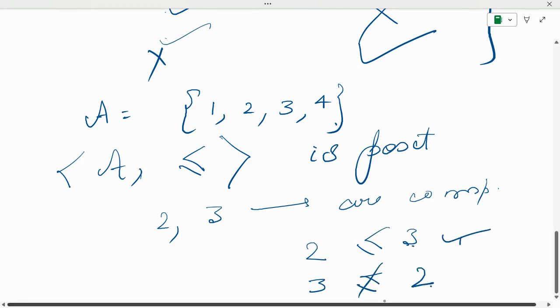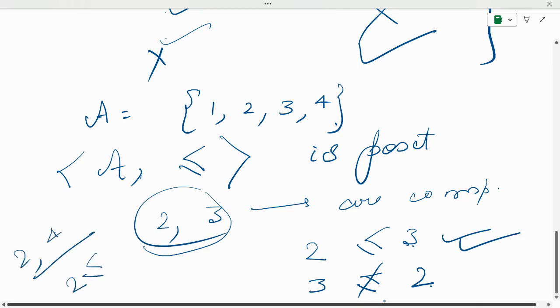But this condition is satisfied, hence 2 and 3 are comparable. Similarly, 2 and 4 are also comparable because 2 is less than or equal to 4, although 4 is not less than or equal to 2. If one condition is satisfied, we can say 2 and 4 are comparable, right? So this is the condition. Let's say one more thing.